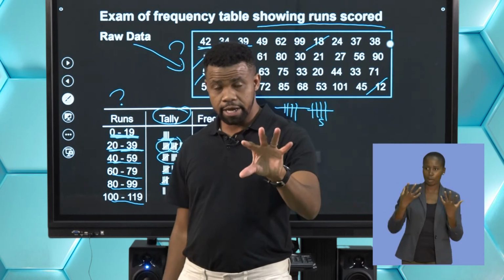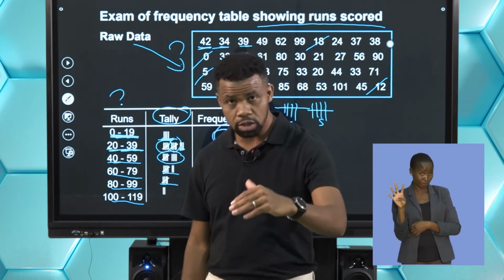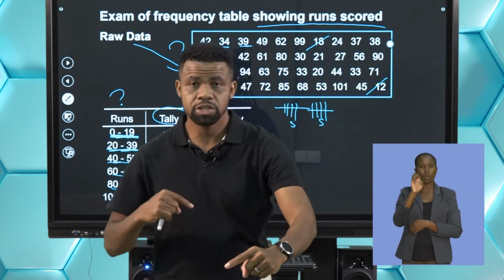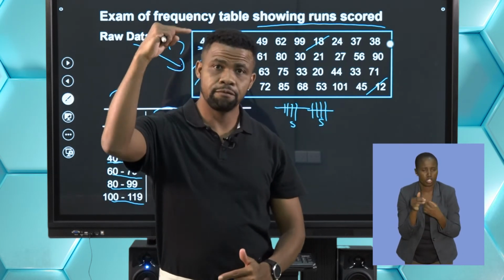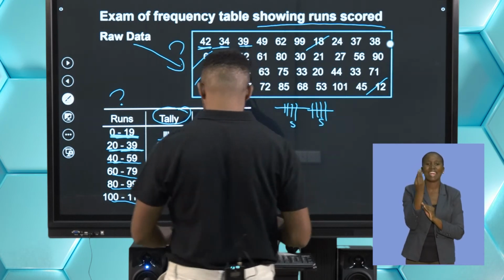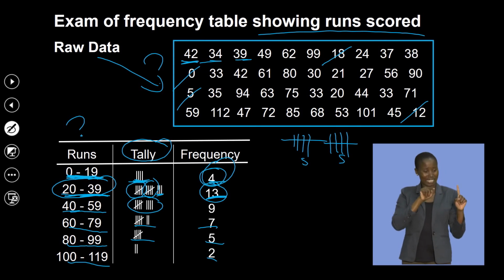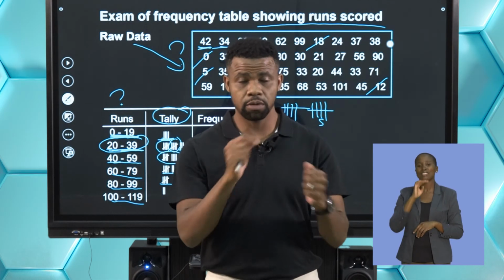And here, let's look at the modal class. The modal class will be the most occurring, which is the highest frequency. Which one is that? 20 to 39 is the one with the highest frequency. Can you see that?